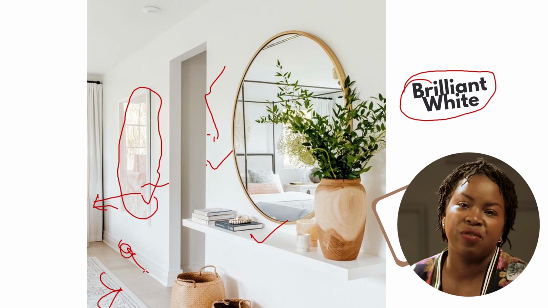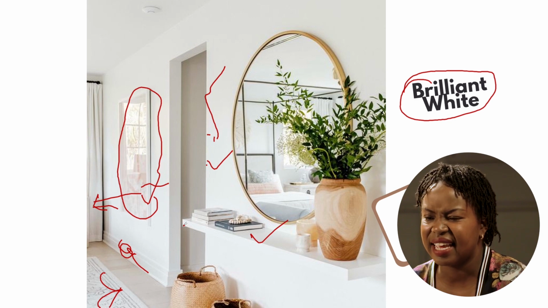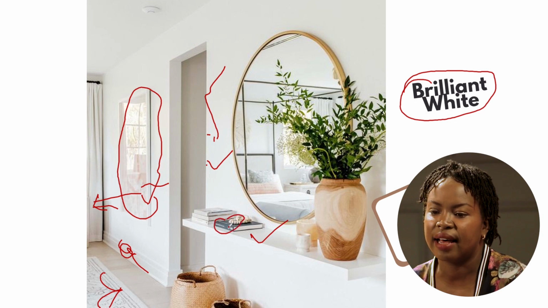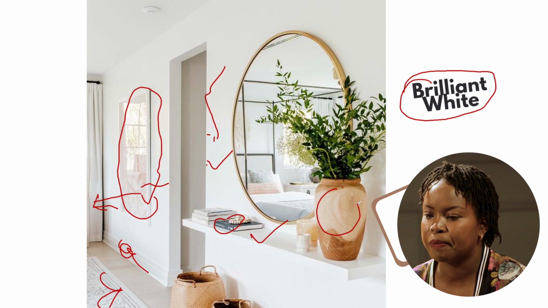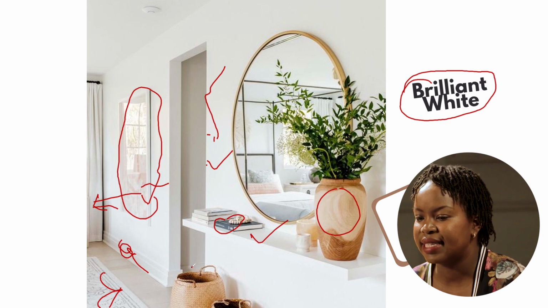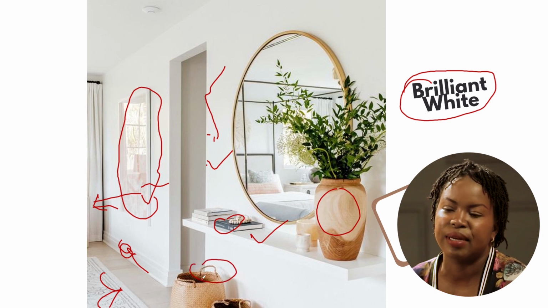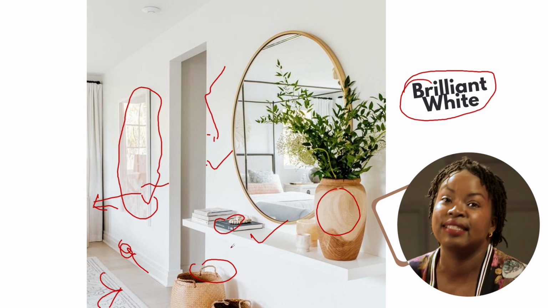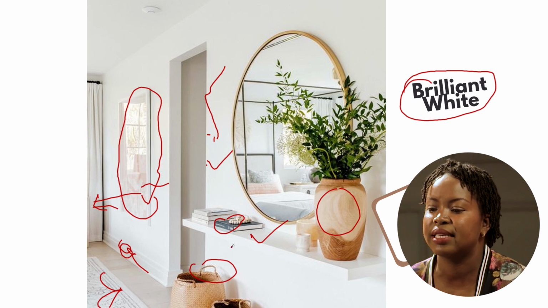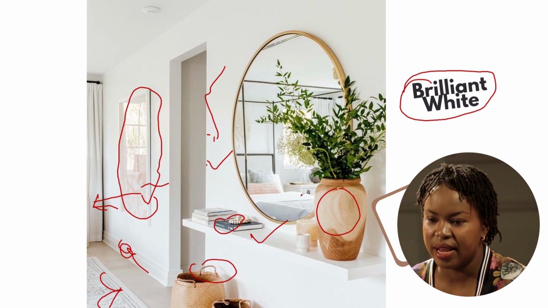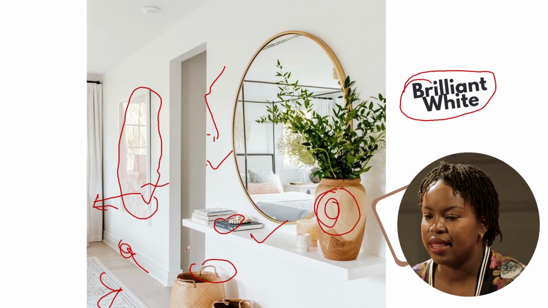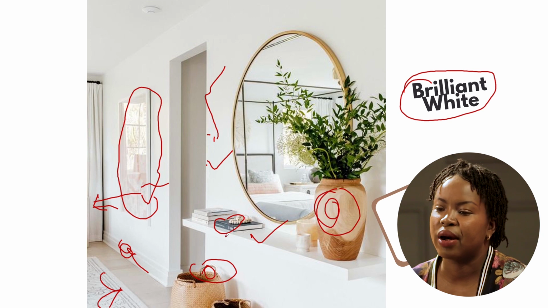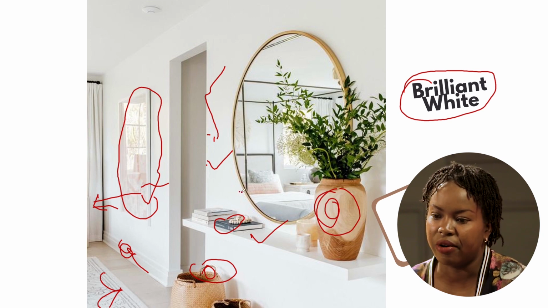And you can see that the rest of the decor used in the space is basically a few hints of color in terms of these browns. If we are looking at the 60-30-10 rule in this particular space, white becomes our neutral color. It's forming 60%, even more for this particular space. We can see the brown in the vase here, the brown in the basket here, and also the brown that is the frame of this mirror.